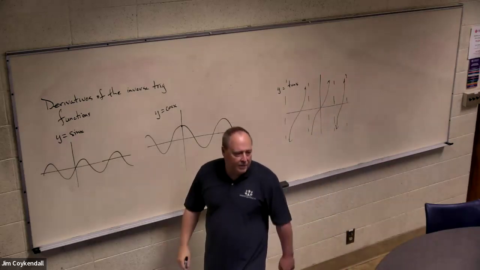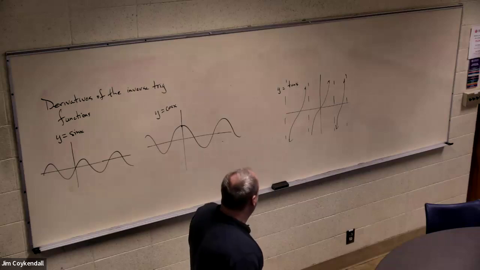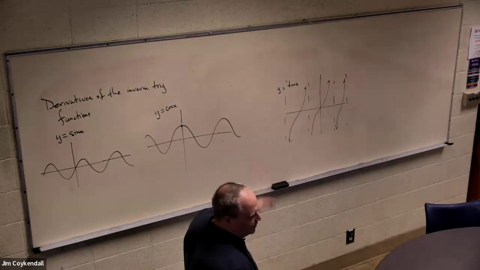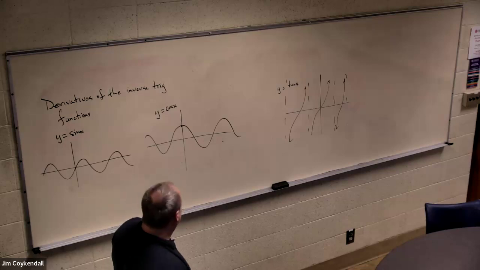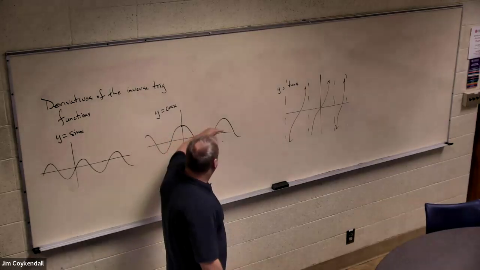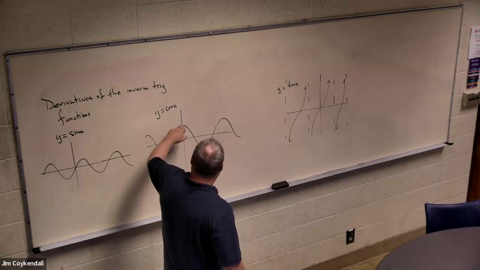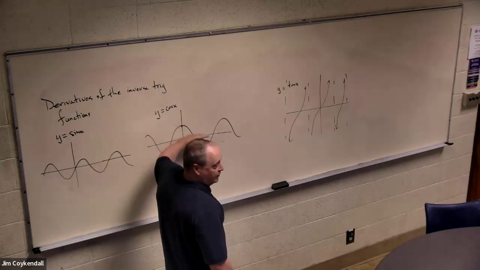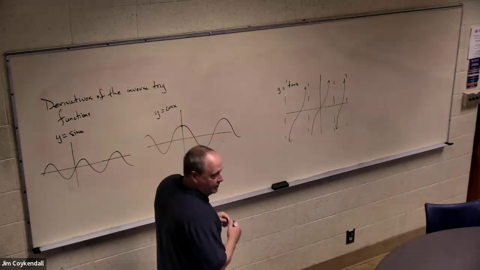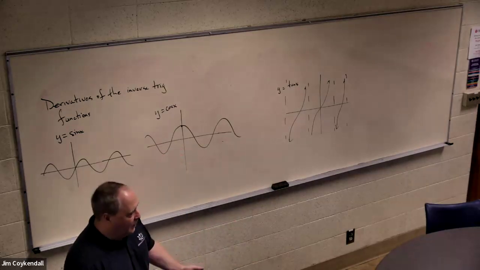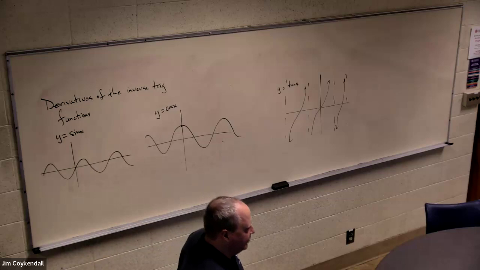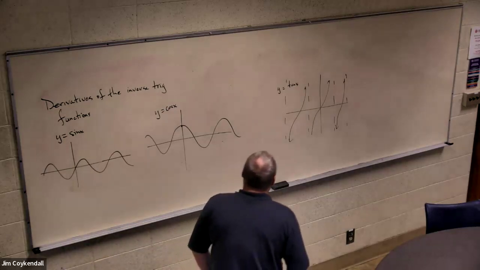I don't know much, but I do know that they're not one-to-one. All of these very much fail the horizontal line test, right? In fact, a horizontal line between y equals 1 and y equals minus 1 hits sine many times. So what's this business about inverse functions, right?